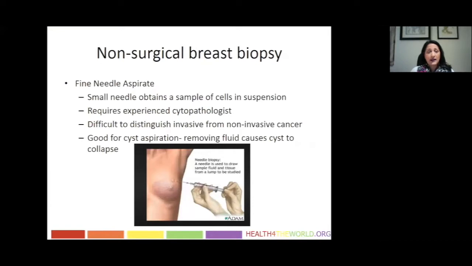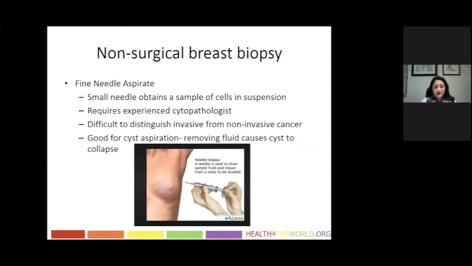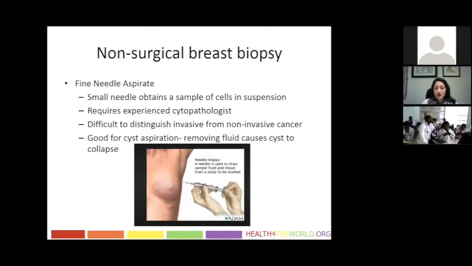On FNA, it is often difficult to distinguish invasive from non-invasive cancer, and this is because the architecture does not remain preserved. Additionally, there are not enough cells to send prognostic markers such as ER, PR, and HER2.